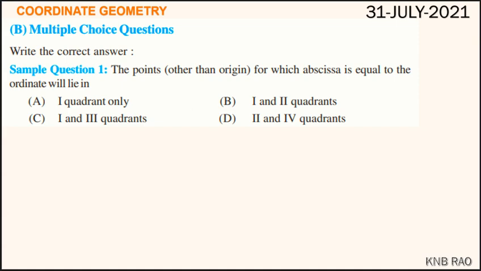In that, section A contains important points, section B contains multiple choice questions. You have 24 MCQ questions given in exercise 3.1. Let us solve one by one from this section.